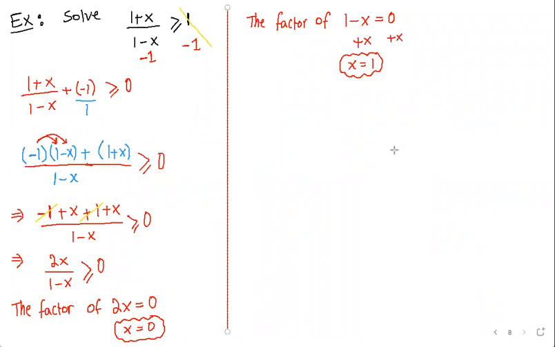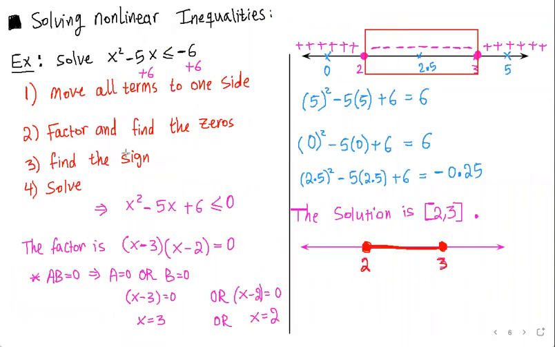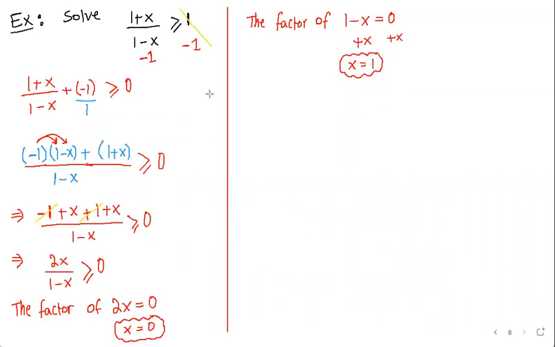So now the third step, I found the zeros and I factored. Find the sign. So I have to draw a sign chart, and I have to put both of the zeros. x equals 0 will be a closed circle.